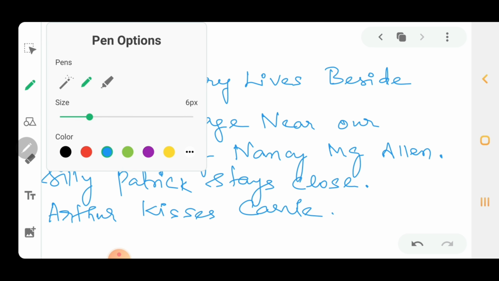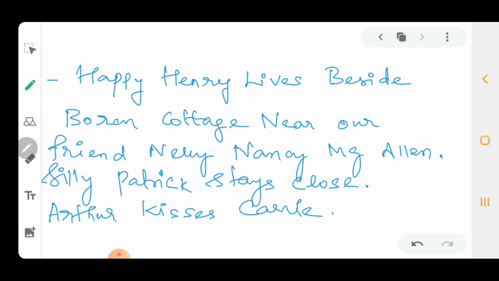Now let's decode this and understand the elements present in it.